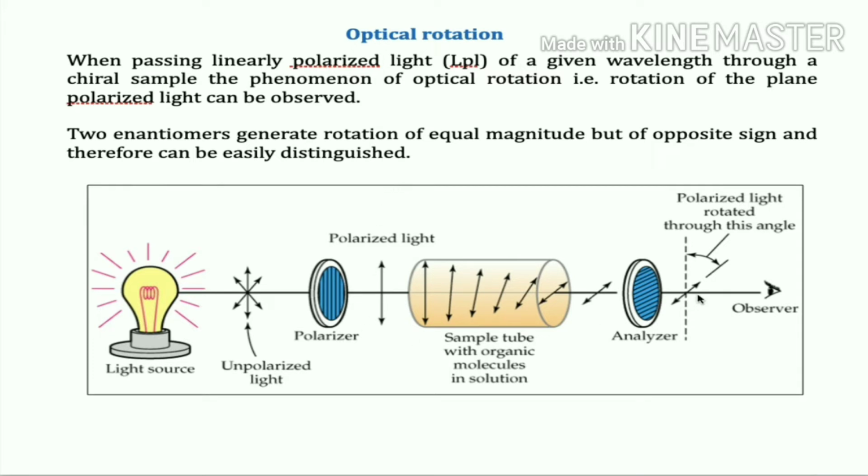This is already a very well known topic. That is how we measure optical rotation. If it rotates left, it is called levorotatory. If the plane polarized light is rotated towards the right, it is dextrorotatory.